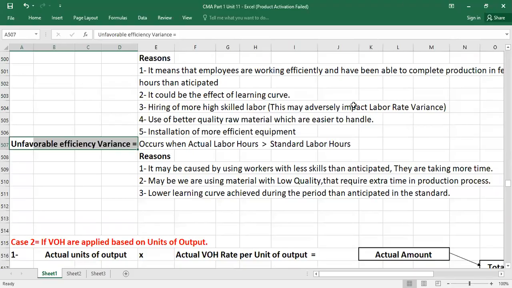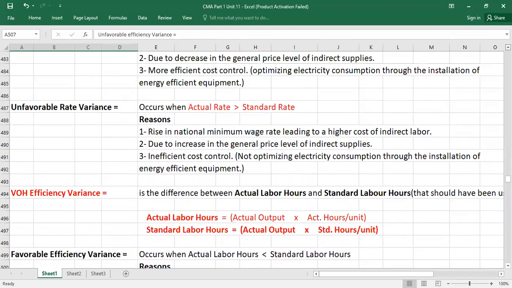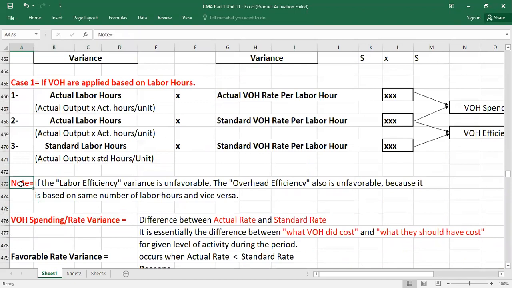Here we have one important note. This can be tested in the question also. Please focus here. If you are absorbing variable overhead based on labor hours, it means we will use the same labor hours which we have already utilized in the direct labor variance. So this note is really important.